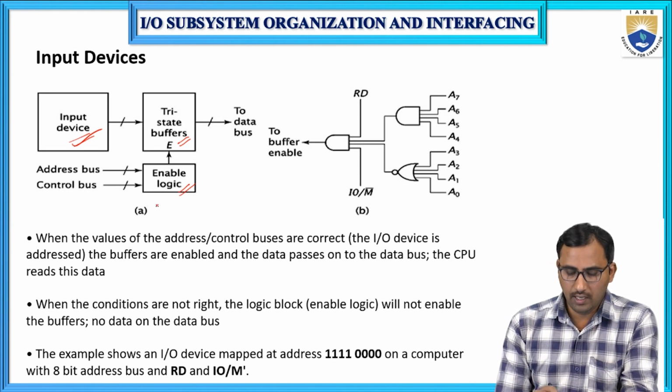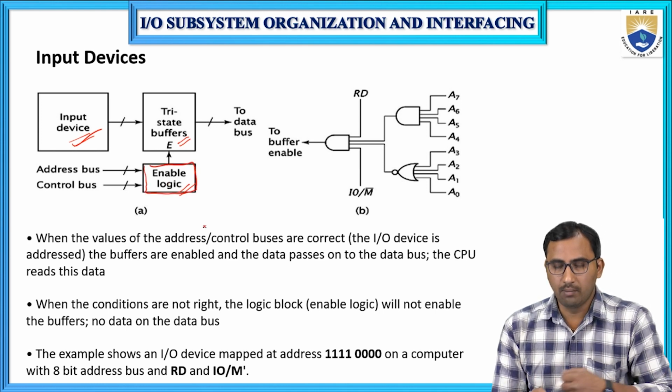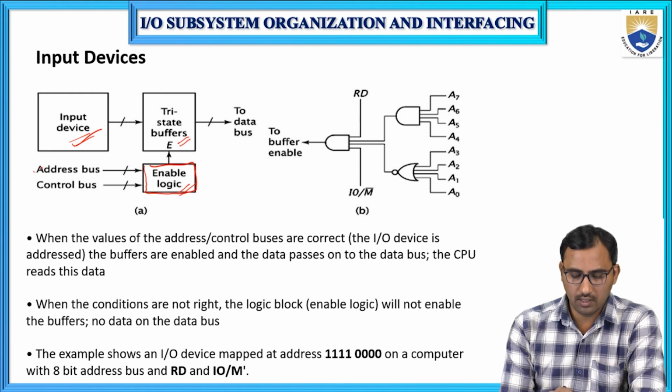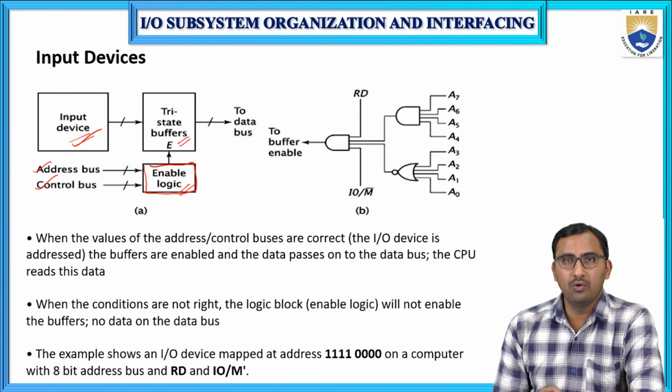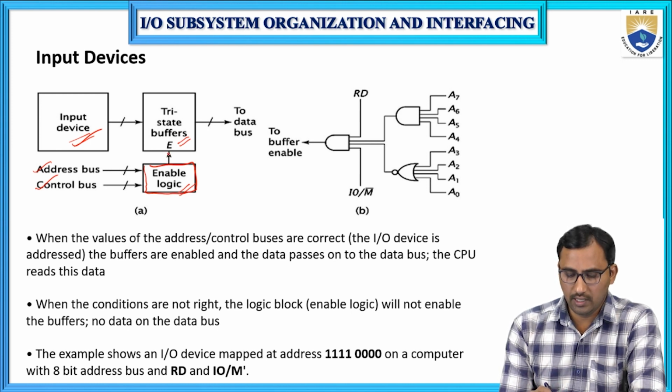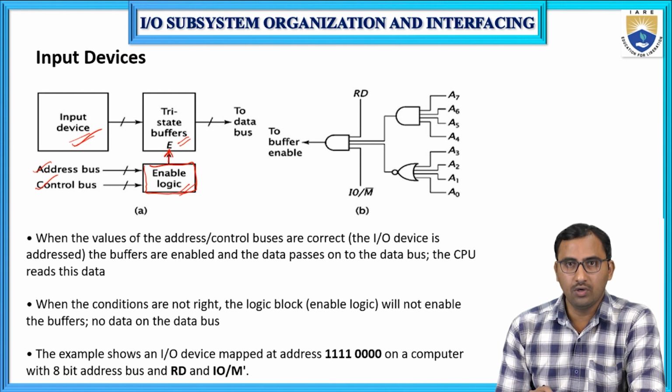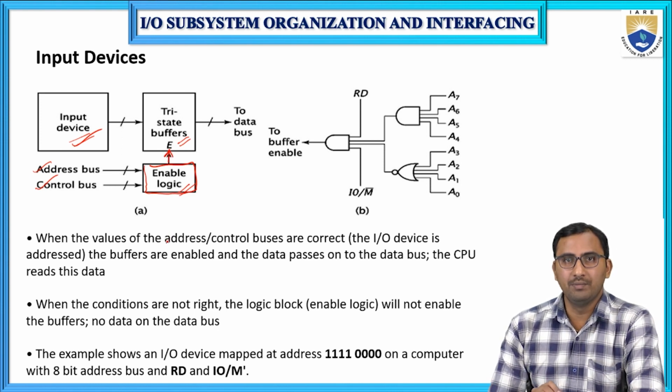Here, if you see the enable logic, the inputs to the enable logic are the address bus and the control bus. For the correct values of the address bus and the control bus, the enable logic will generate an enable output.